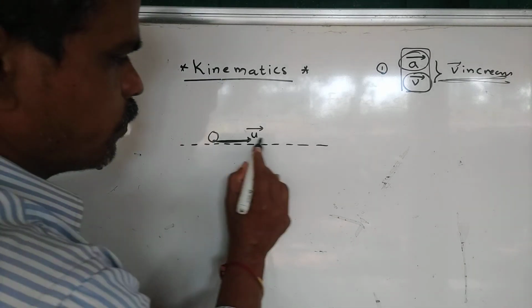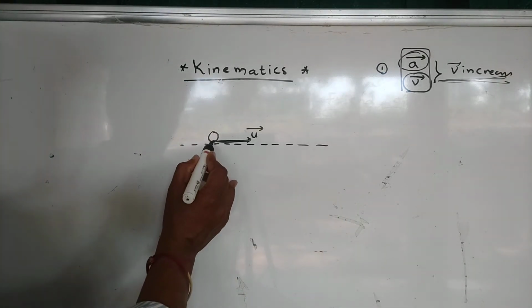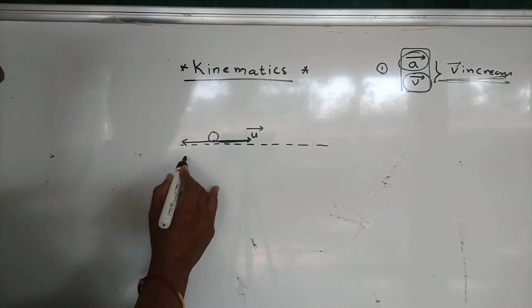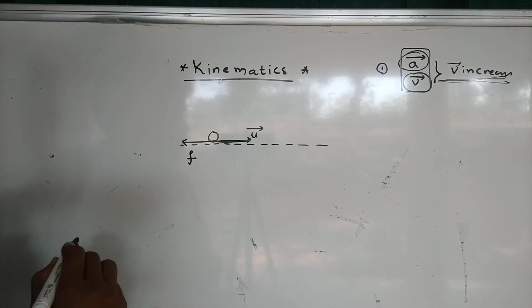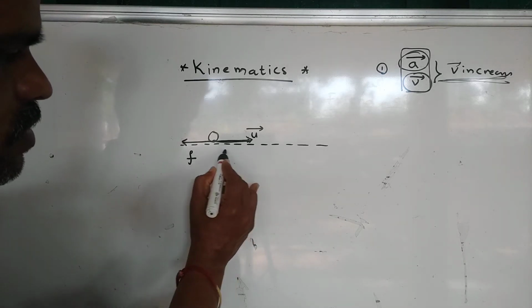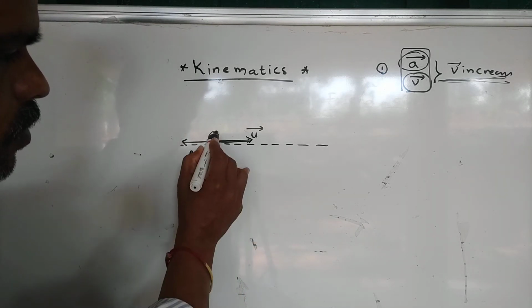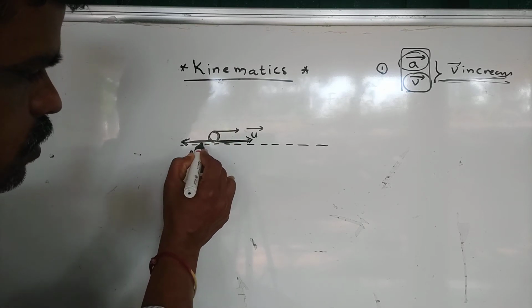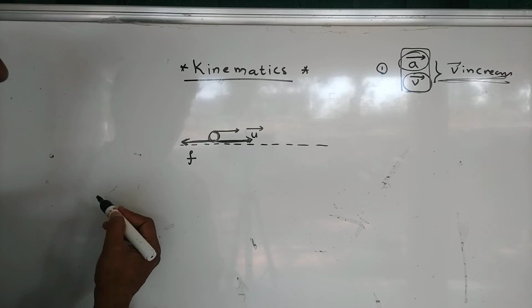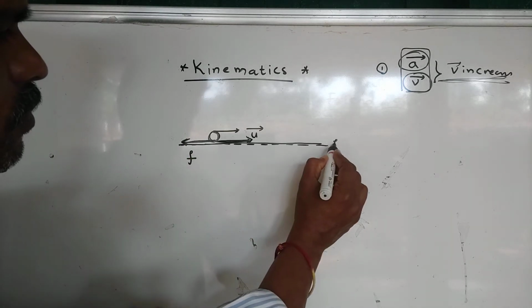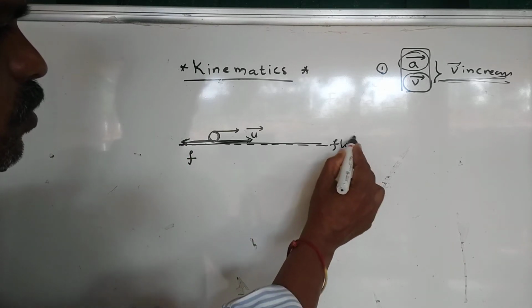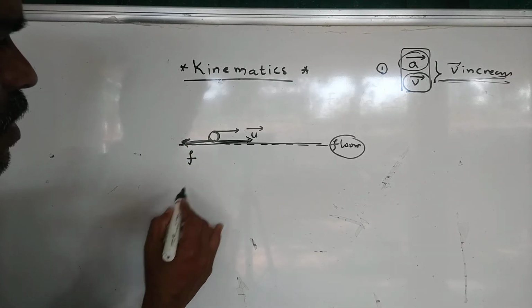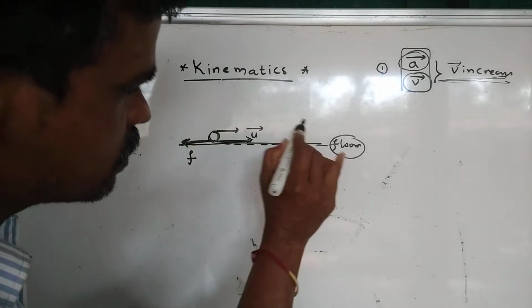When the ball is moving, the frictional force acts opposite to the motion of the ball. This is the frictional force, this is the velocity direction. The ball is moving in this direction, but the frictional force due to the floor acts opposite to the velocity direction.